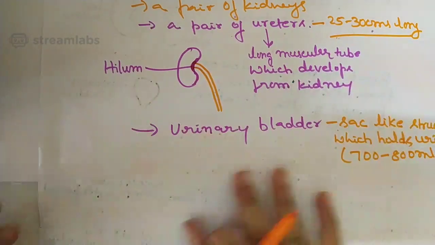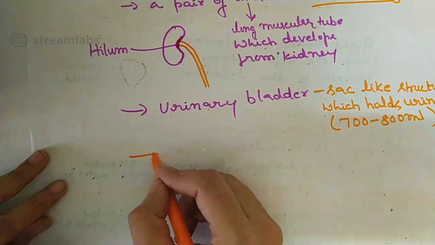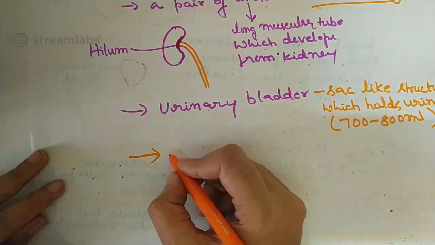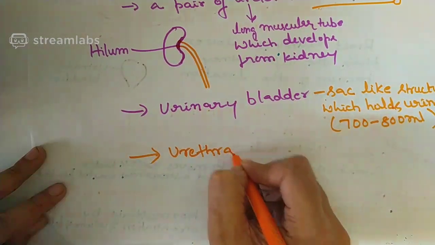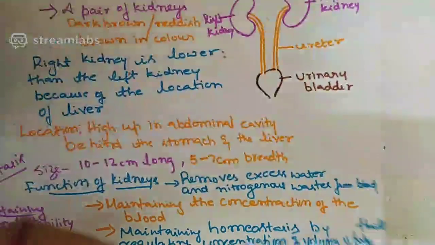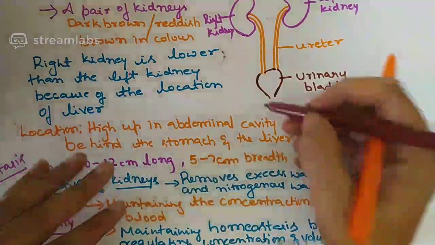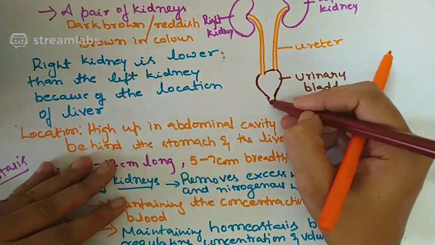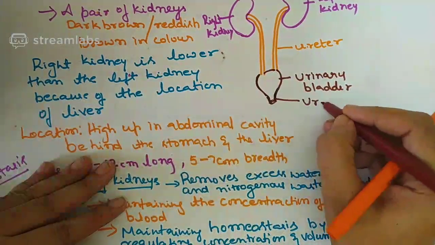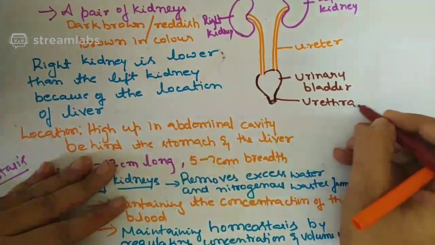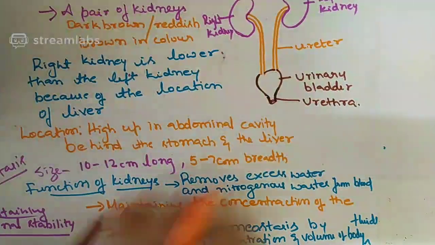And what is the next part? The last part of the excretory system is urethra. This is a urethra. What is this urethra?